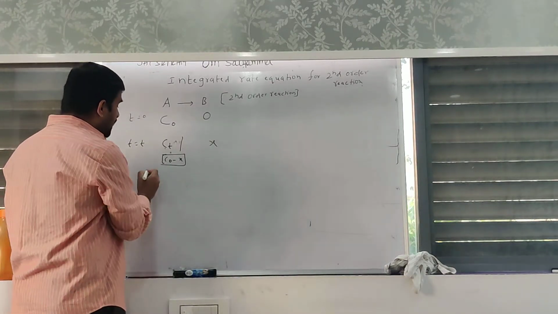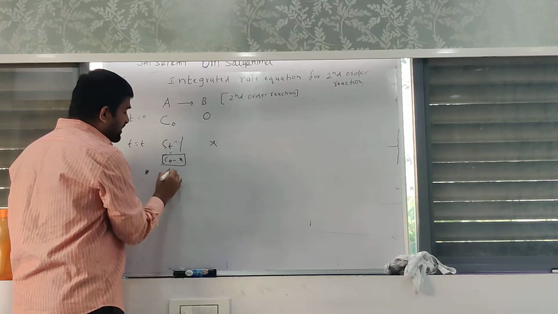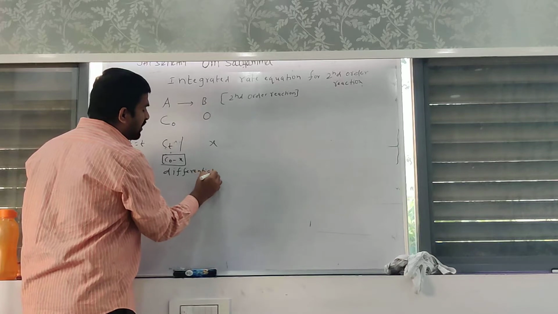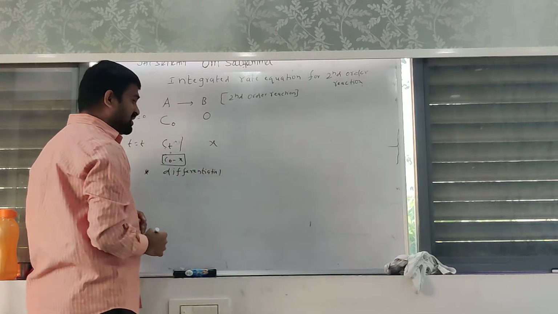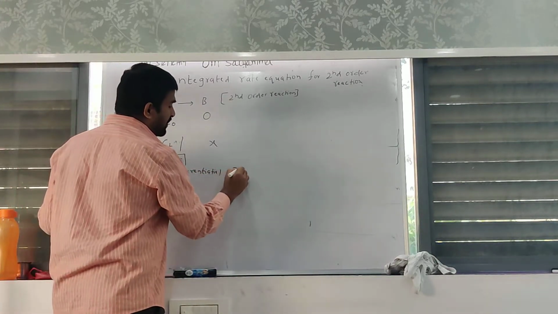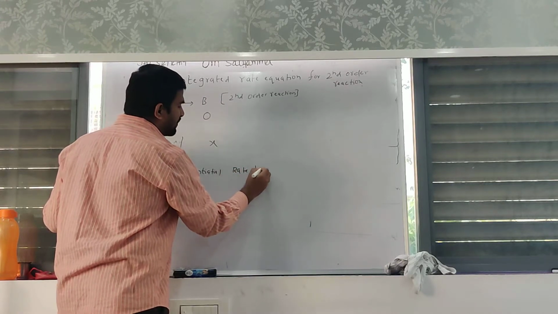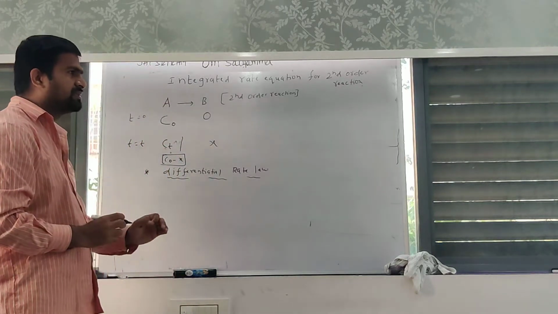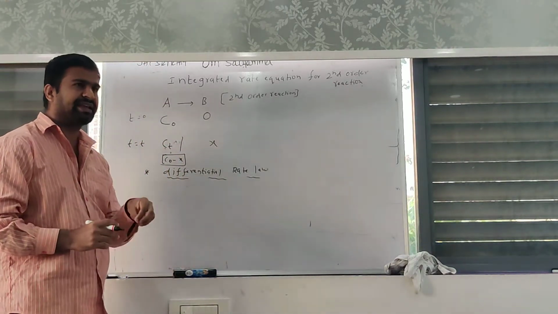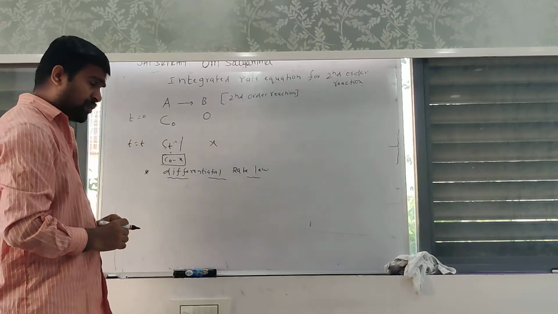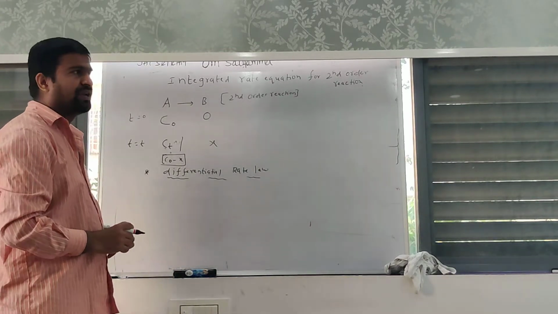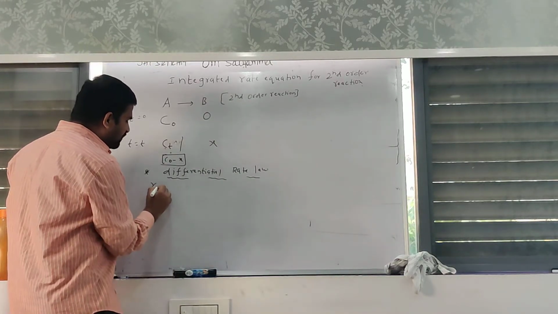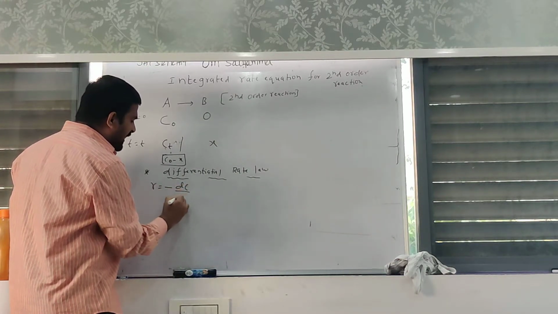According to the differential rate law, the decrease in concentration of reactant and increase in concentration of product in unit time is known as the differential rate law. R is equal to minus dC by dt.